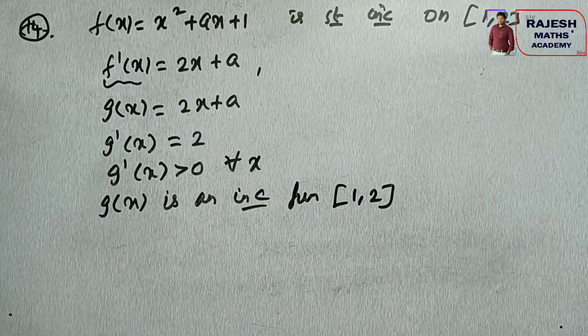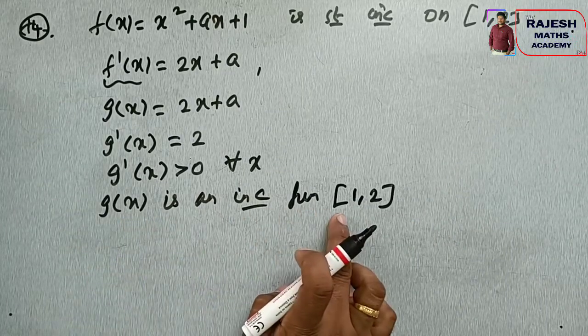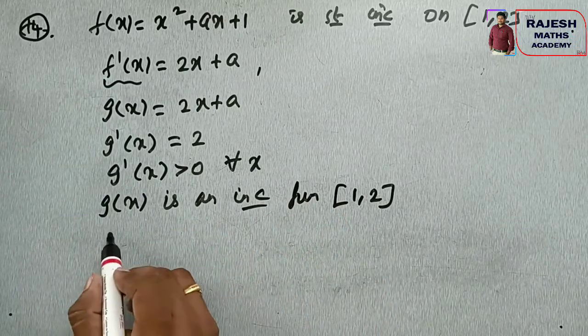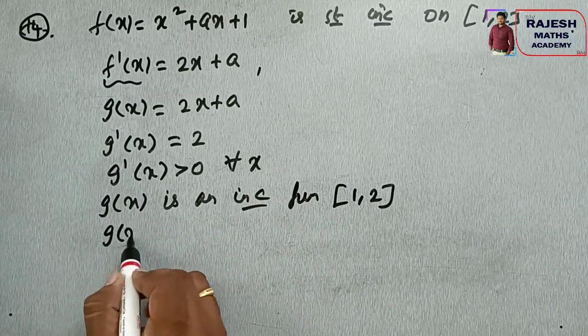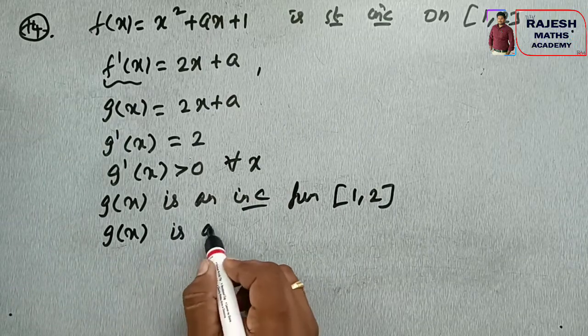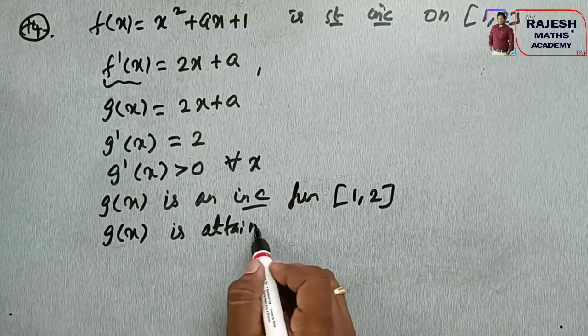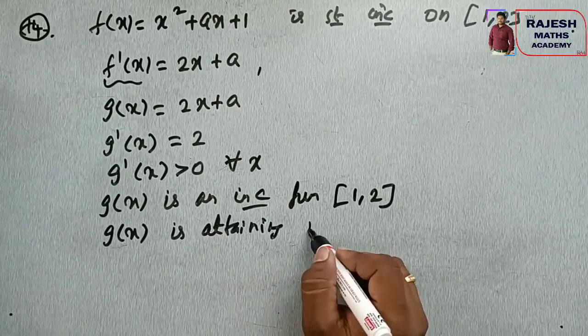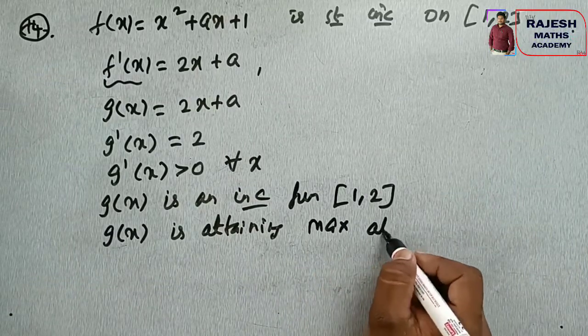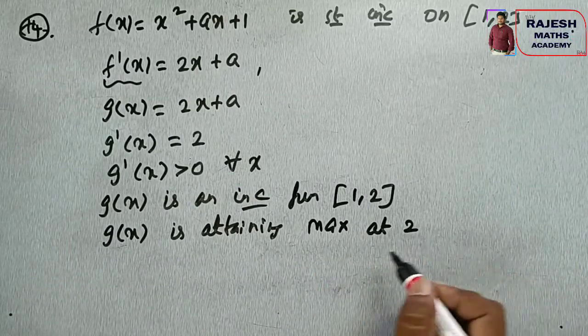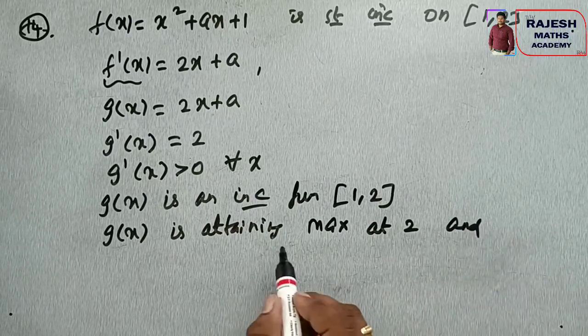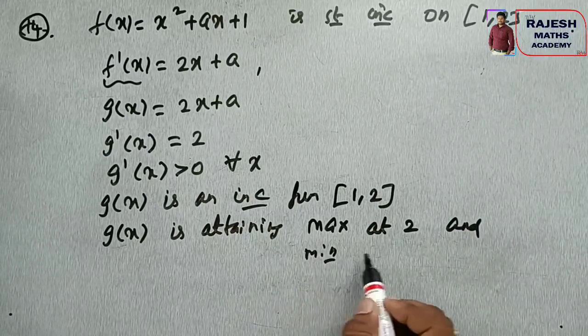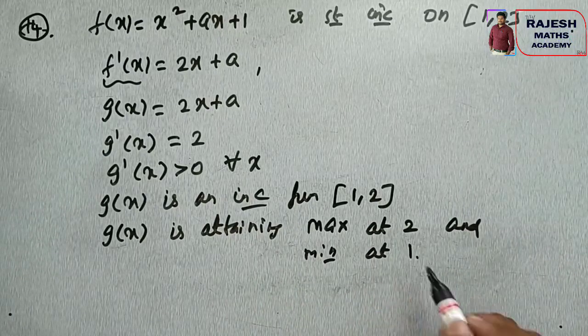So g of x is an increasing function in the interval, which means g of x is attaining maximum at 2 and minimum at 1.